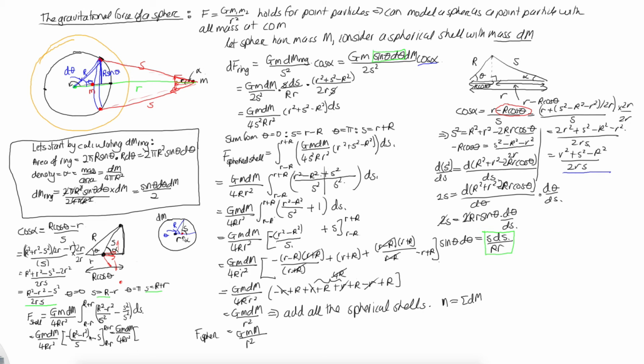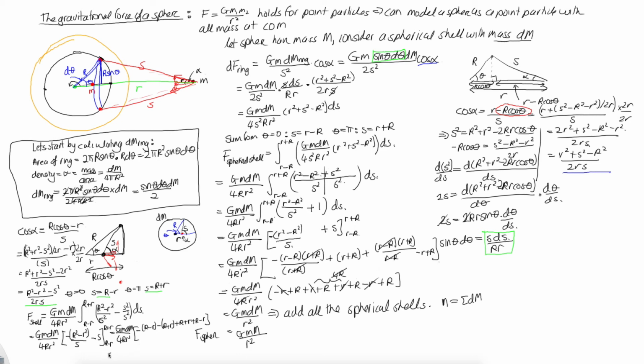Now this I can write as minus R plus r minus R minus r over R plus r, so minus R minus r, and then minus R plus r, and then I've got plus, and now I'm putting in R minus r plus r over R minus r, which gives me plus R plus r, and then I've got plus R minus r.